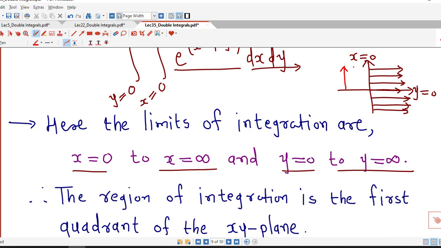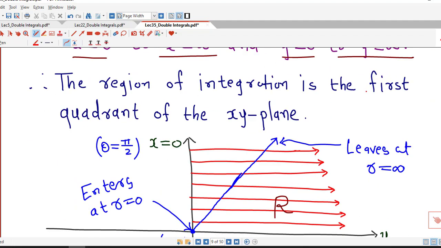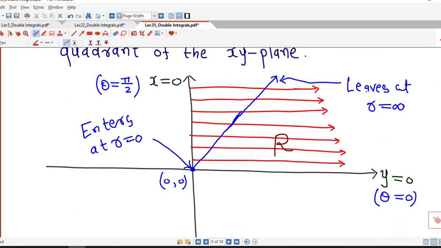So this upper half plane satisfies the limits of y. So the region which satisfies both the limits is the first quadrant of the xy plane. So our region of integration is an unbounded region here. It is the first quadrant of the xy plane, which we have shown here.